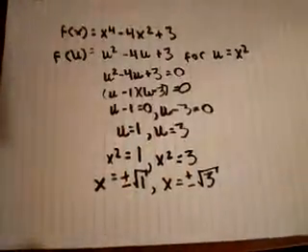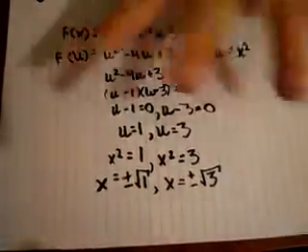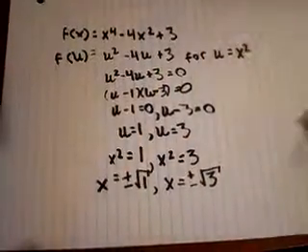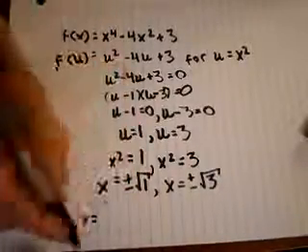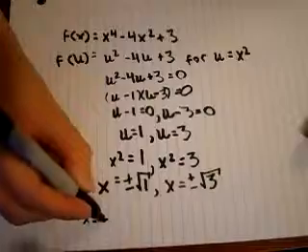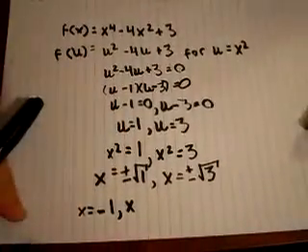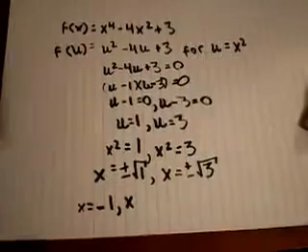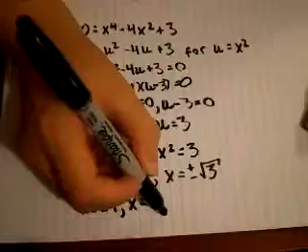And how many different answers is this if they both have plus minus? 4 different answers. Make sure you break it up. Negative square root of 1 is really negative 1. And then positive square root of 1 is 1.